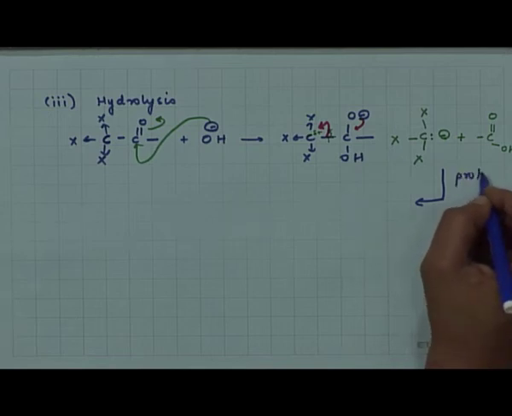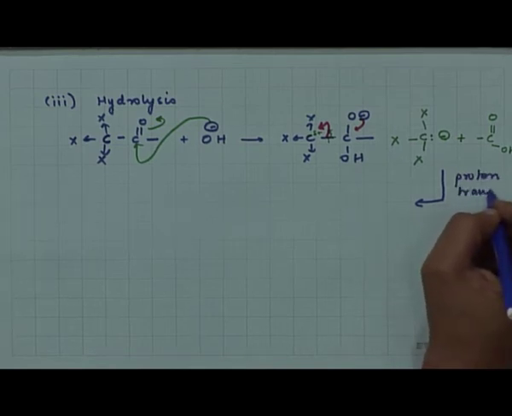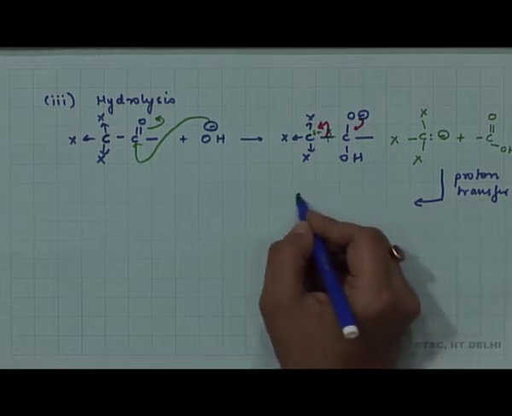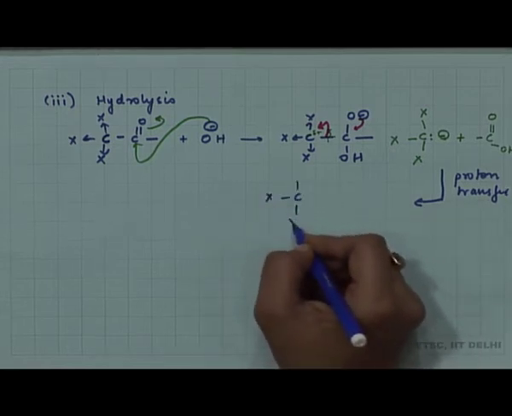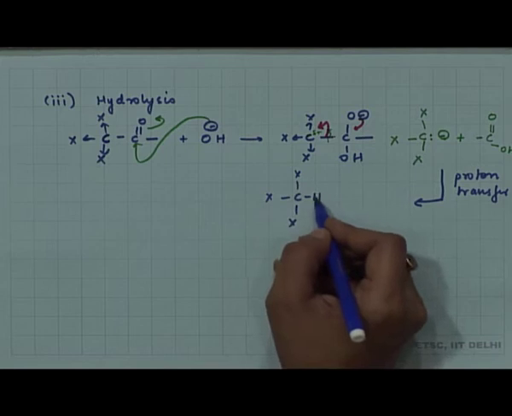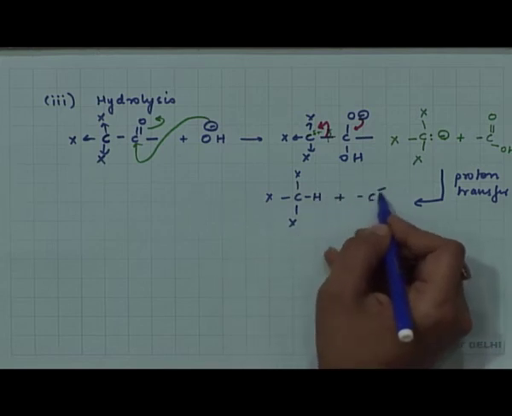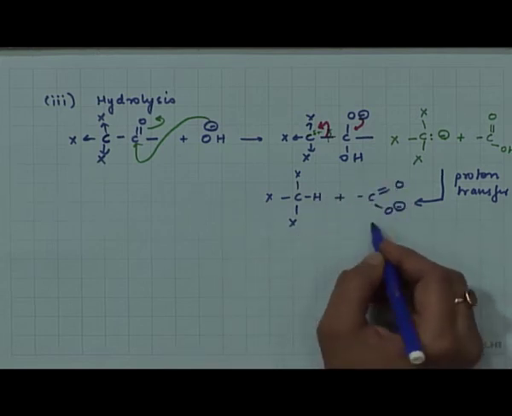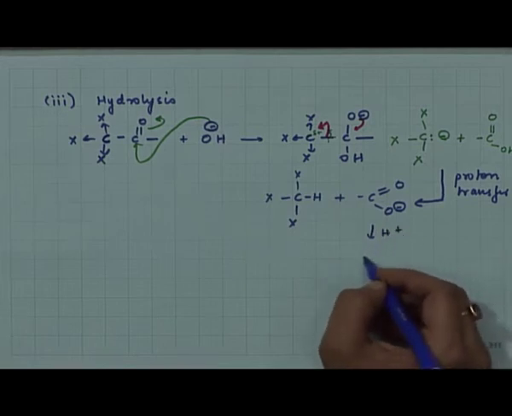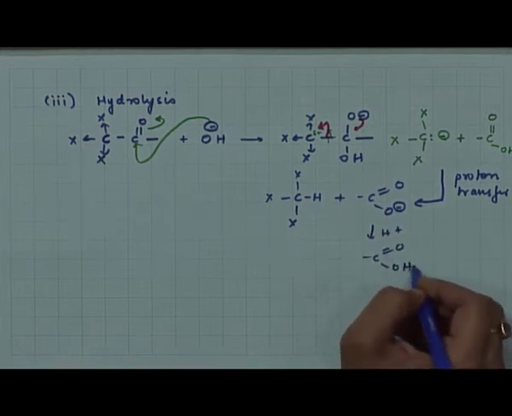So, there is a proton transfer, and it gives you the corresponding haloform. You get the haloform along with the formation of the corresponding carboxylate anion, which can again take up the proton to give you the acid.